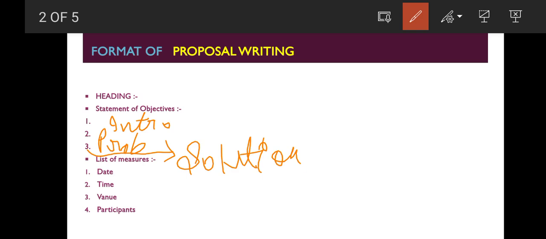So your proposal should be short, condensed and concise. Are you understanding? So this is the statement of objectives.